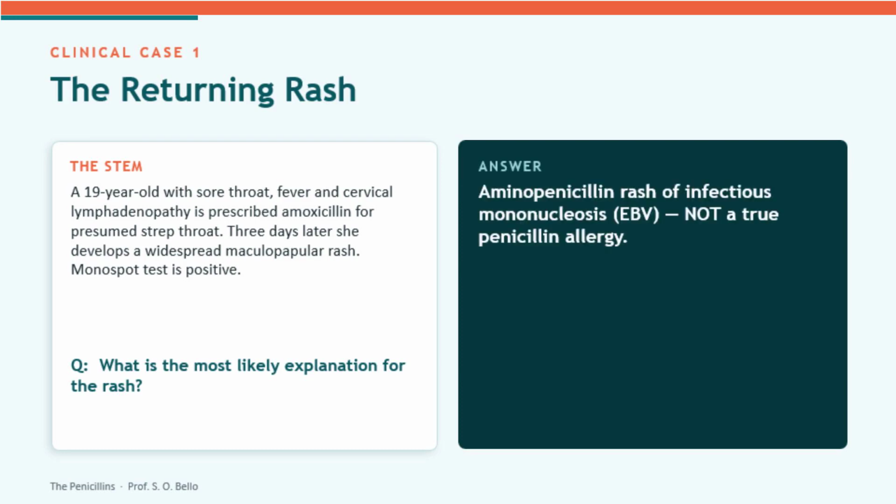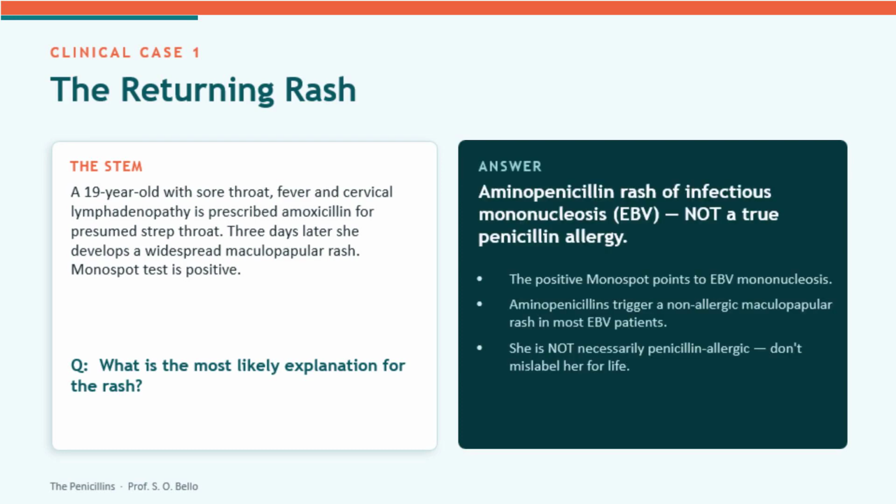Let's apply what we've learned to a real scenario. And this one trips people up constantly. A 19-year-old presents with sore throat, fever and swollen neck glands, and she is started on amoxicillin for a presumed strep throat. 3 days later, she breaks out in a widespread maculopapular rash, and her monospot test comes back positive.